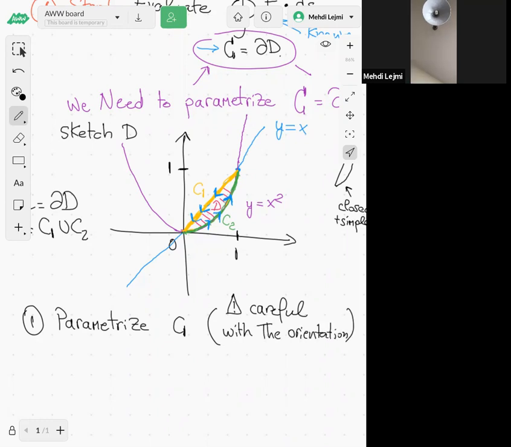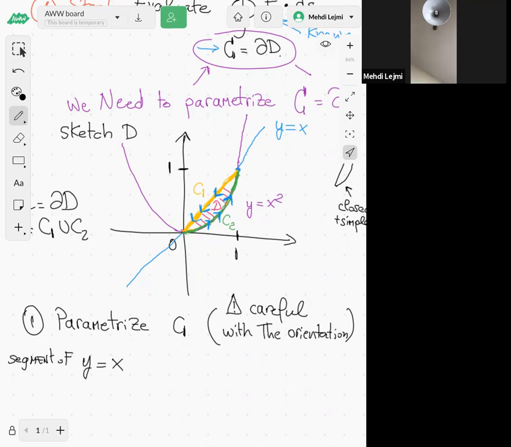How do we parameterize C1? C1 is just a line segment of the line y equals x. It's not the whole line; it joins the point 0, 0 to the point 1, 1.